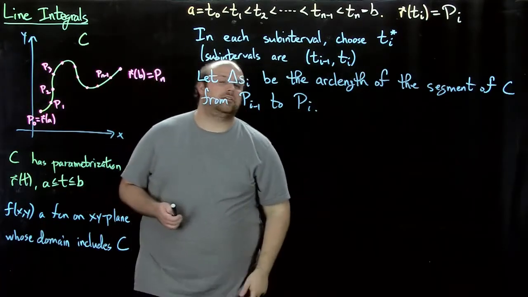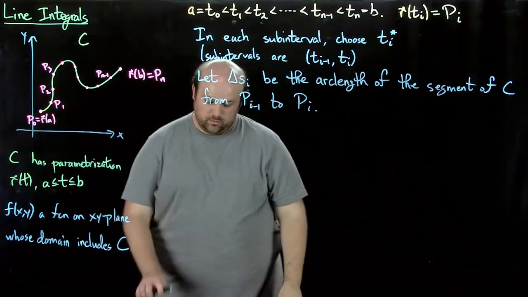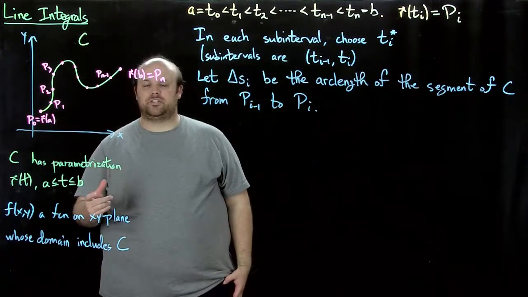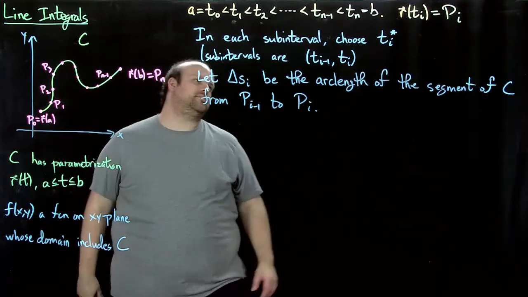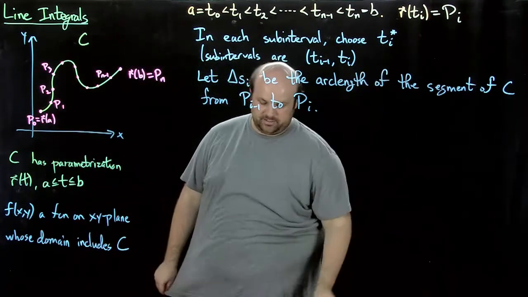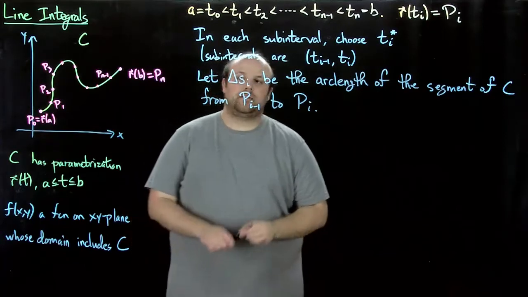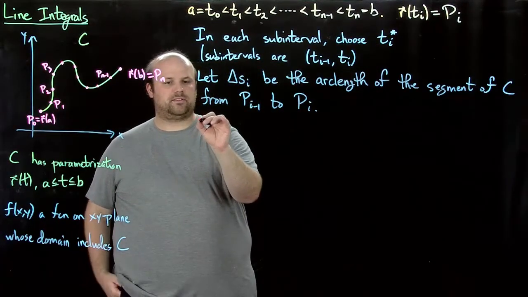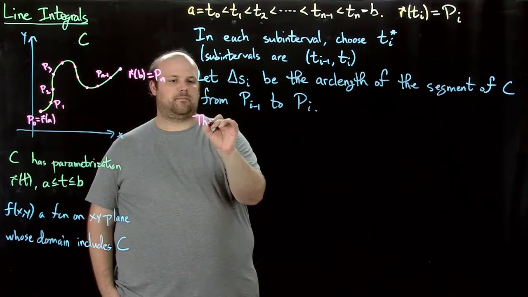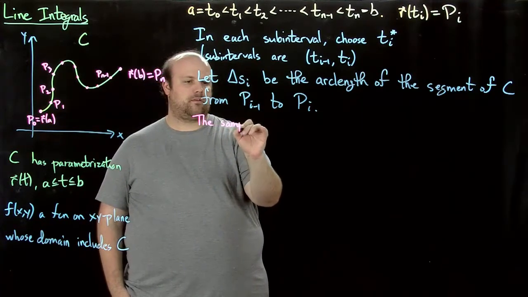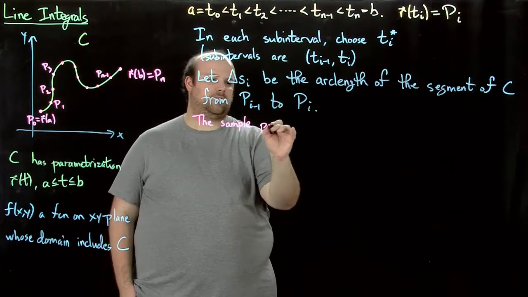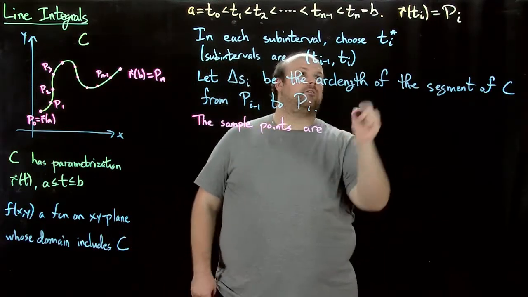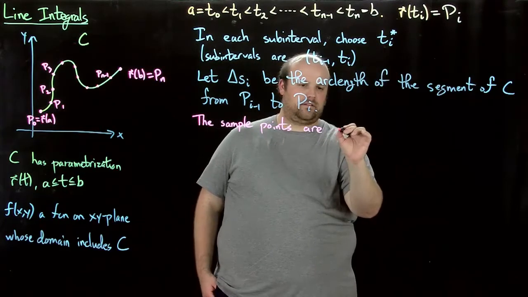All right. So, here's what we're going to do now. Now we have to sample the function on each of these intervals, and that's what we're going to do with these sample points. Right? So the sample points are the image of these under the curve.